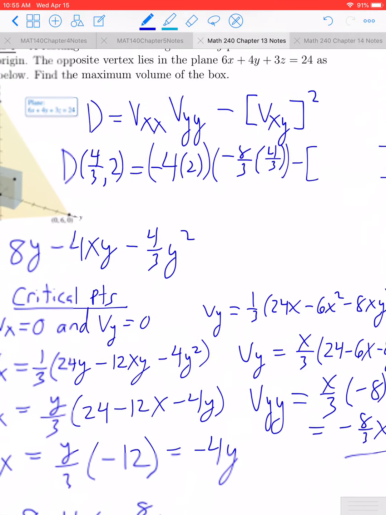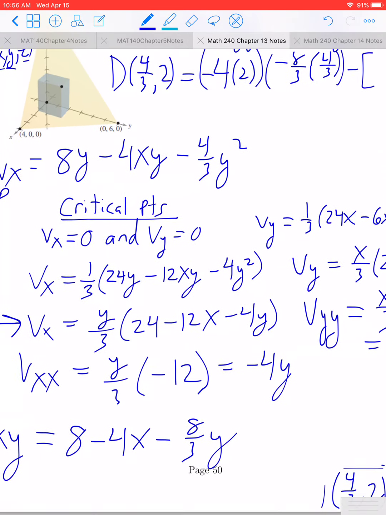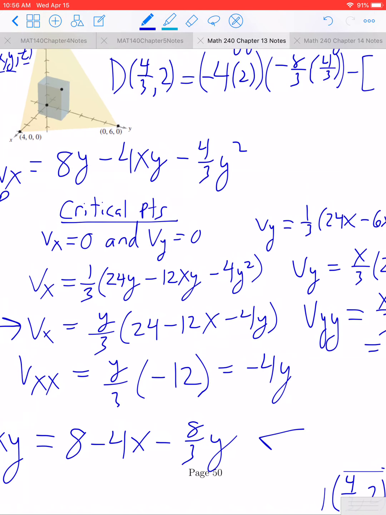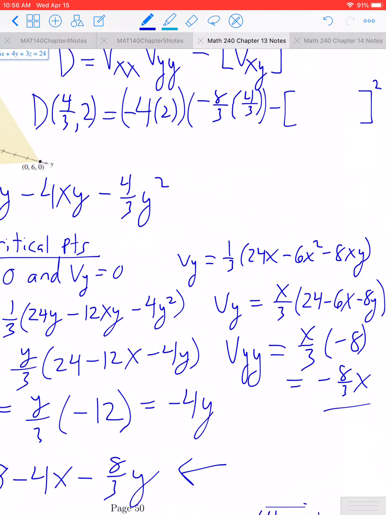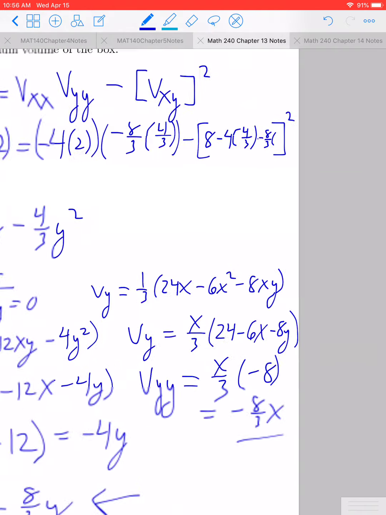So you'd have to put the pair (4/3, 2) into this expression right here. That would be 8 minus 4 times 4/3 minus 8/3 times y, which was 2.